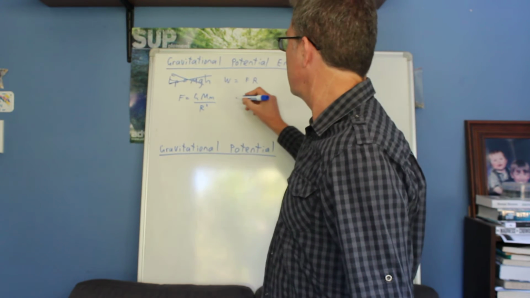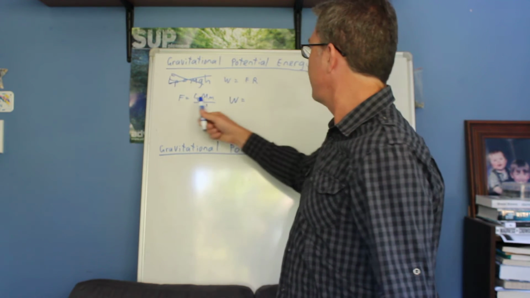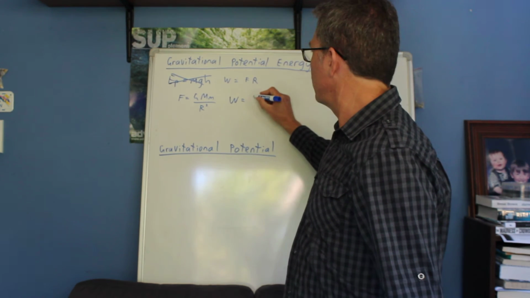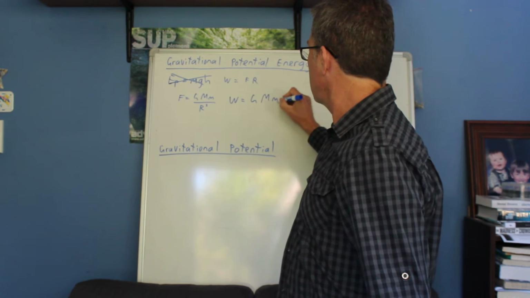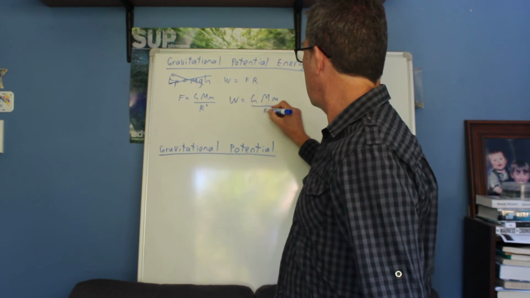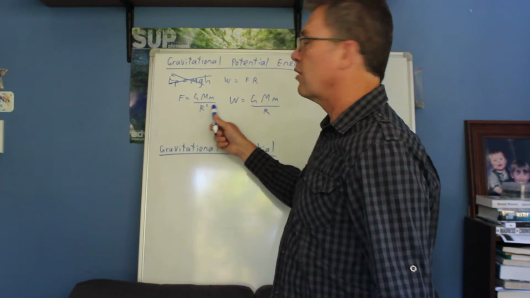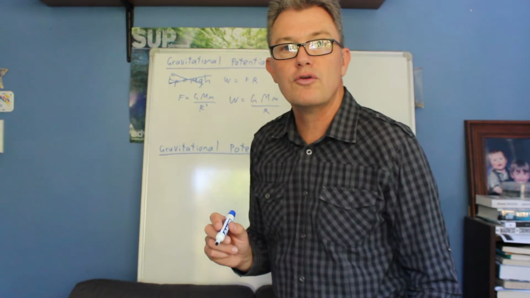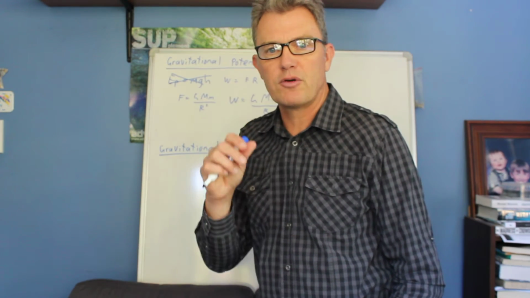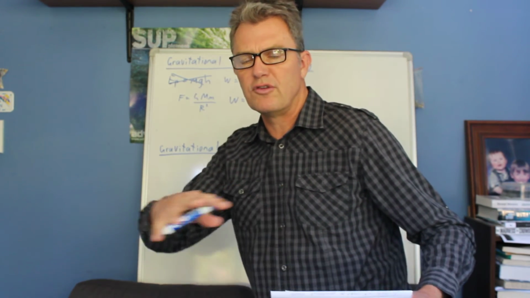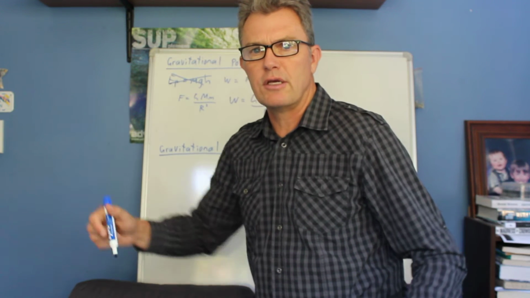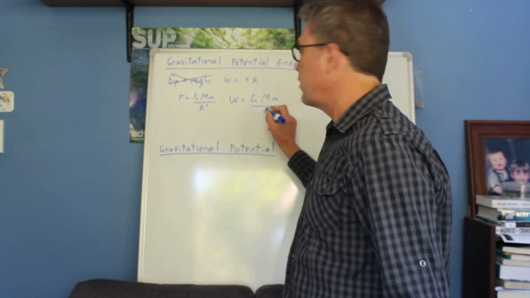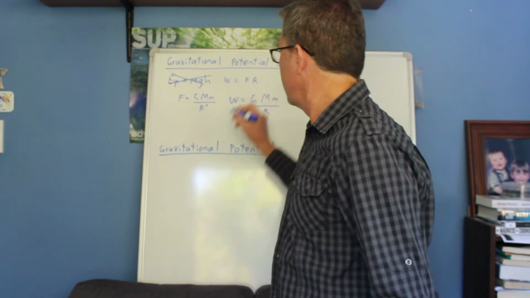So work done is force times distance, so we get work done equals big G, big M, little m over r, because multiplying by r means one of the r's on the bottom cancels out. Now that's a really crude way to explain it, and because the gravitational field isn't constant as you go away from an object, you actually need to use some complicated calculus to get from there to there. But for today that will do.